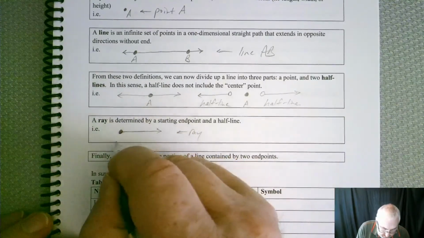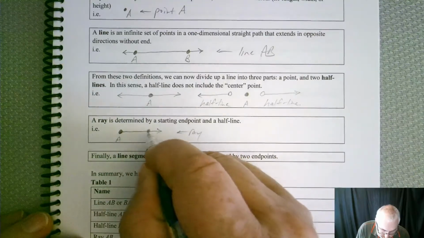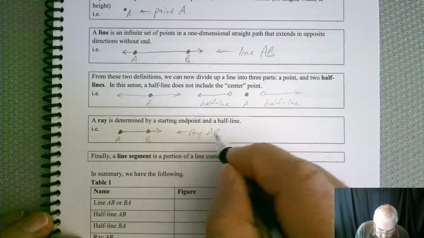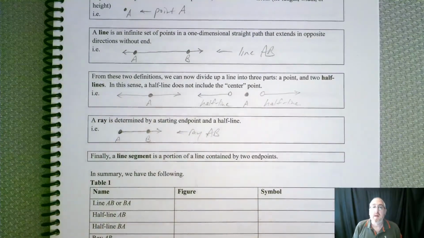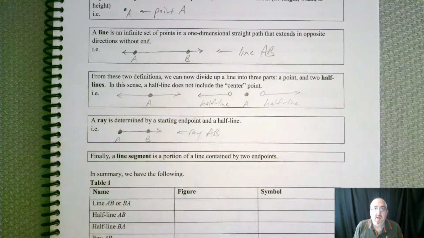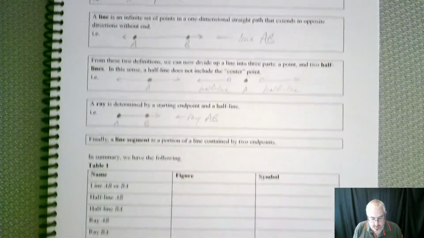And if we wanted to label it, we could put a starting point, and so this would be ray AB. Now, it is going to be kind of technical as far as how you interpret things that are one-sided like this. This is a one-sided object, this is one-sided, this is one-sided. When it's double-sided, then it's not as technical as far as how we identify it. But we're going to see some examples, and I'll try to articulate how those differences can be determined.